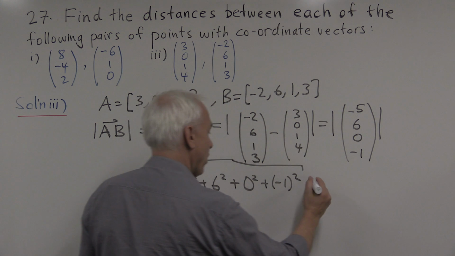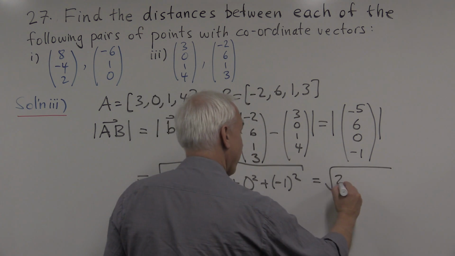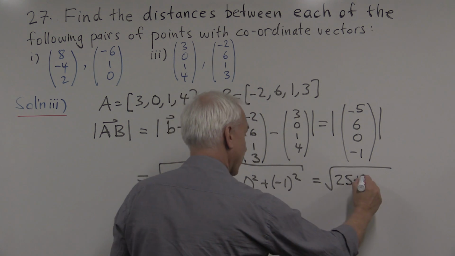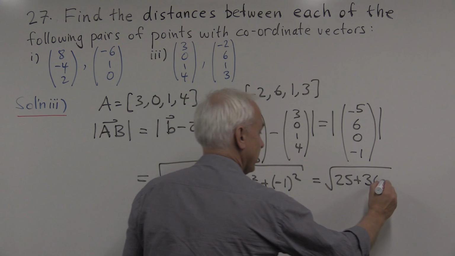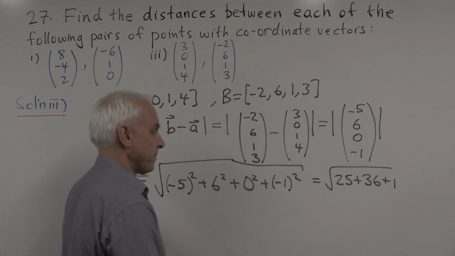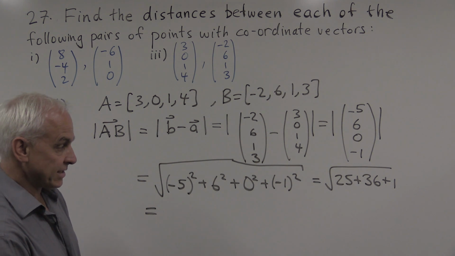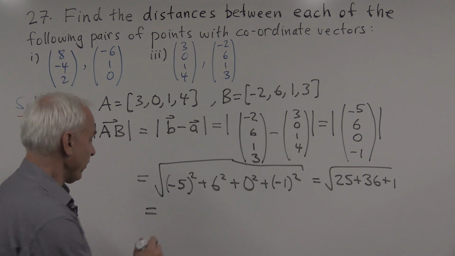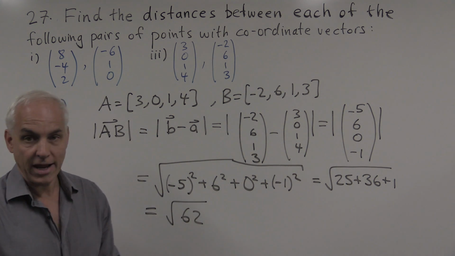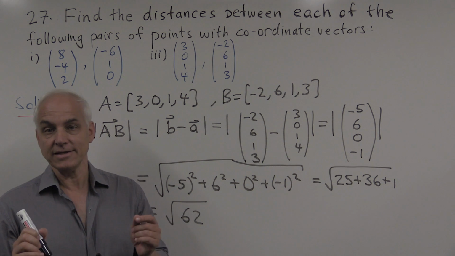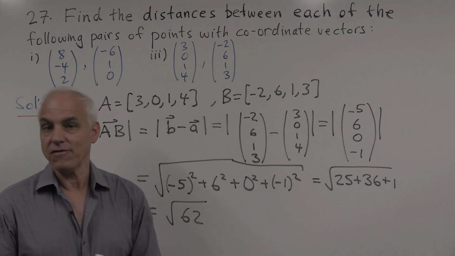So for a total of 5 squared is 25, 6 squared is 36, the 0 is not going to do anything, and 1 squared is 1 there. And so the final answer is 25 plus 36, that's 61, plus 1 is 62. Square root of 62 is our answer for the distance between these 2 points in 4-dimensional space.